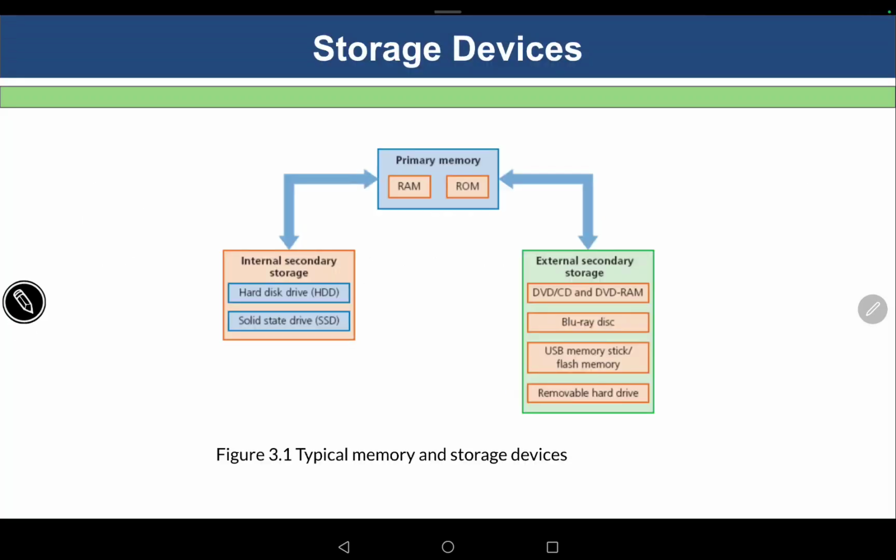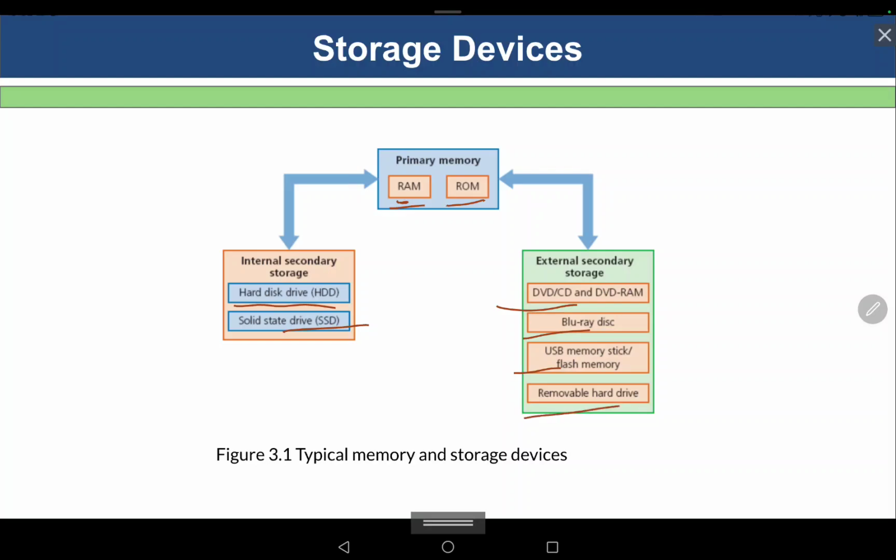Now, here is an illustration showing various memory and storage devices. You can see examples like the primary storage, which is RAM and ROM. We have examples of internal secondary storage, HDD and SSD, and then we also have examples like DVD, Blu-ray, USB, removable hard disks.